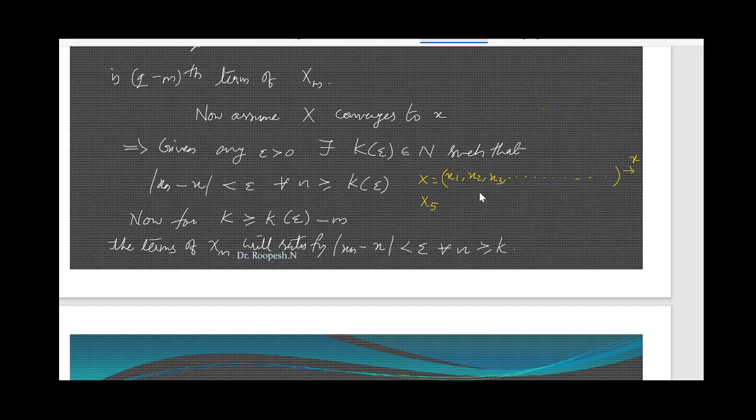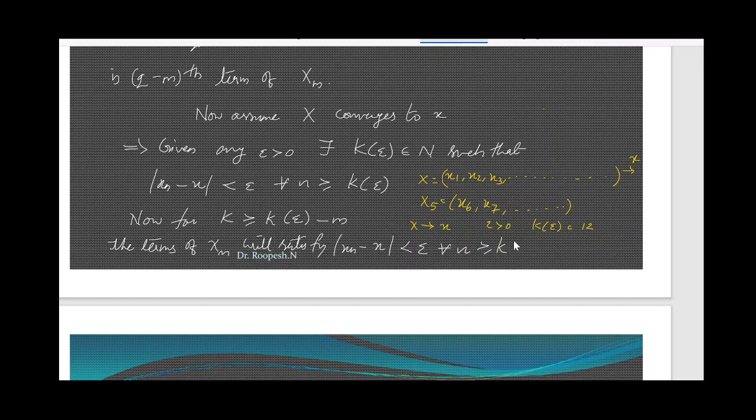So x_5 means a sequence should start with x6, x7, etc. Now suppose this x converges to some point x, and for some epsilon greater than 0, suppose I have got my k(epsilon) as 12.